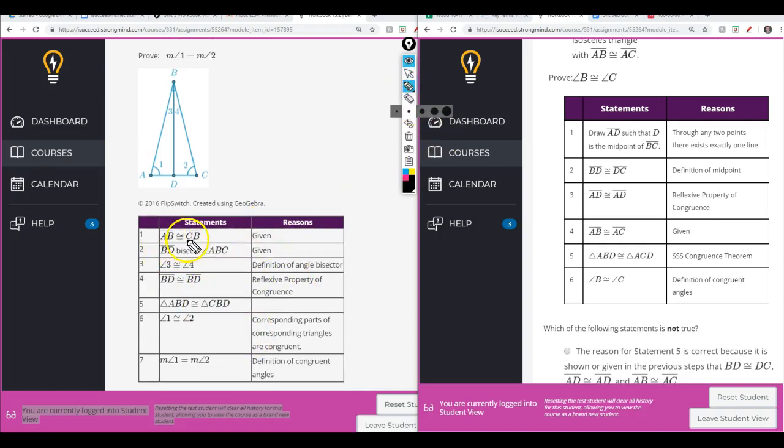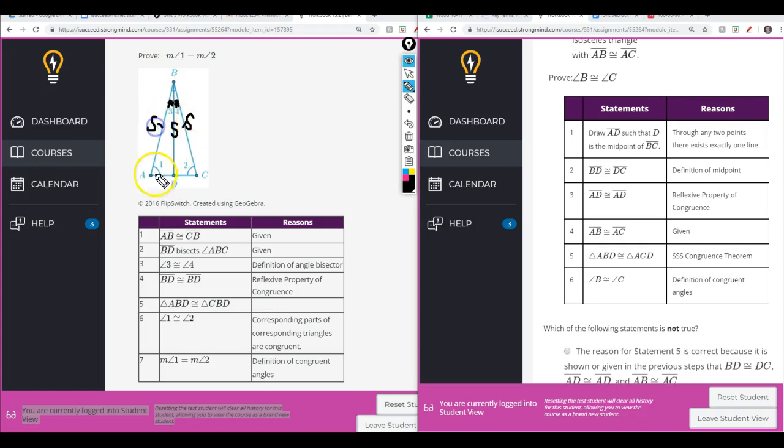So let's look at what they did give us. They gave us that AB is congruent to CB, which was given. So we have our two corresponding sides that are the same. And then it states right here, angle 3 is congruent to angle 4. So then we have an angle set up, an angle. So far we have side, angle, and then BD right here is reflexive to itself, so it's the same.